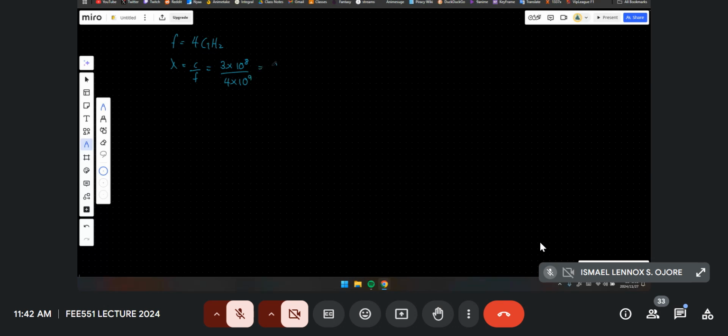We'll get 0.075. Our guide wavelength will be our free space wavelength over the square root of 1 minus the cutoff frequency over our frequency squared. But this can also be expressed as 1 divided by the free space wavelength over the cutoff wavelength.